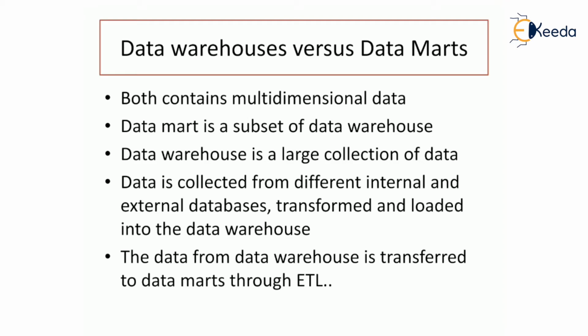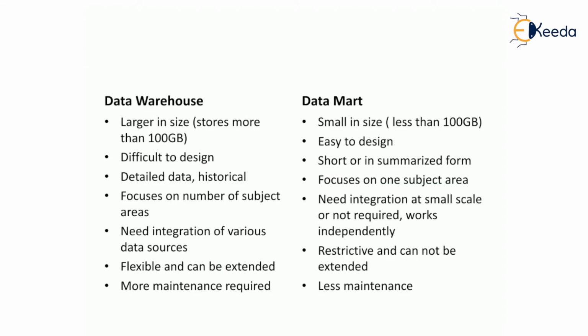The data is collected from different internal databases and external databases, and it is transformed and loaded into the data warehouse through ETL. And the data from the data warehouse can be transferred to the different data marts, again through ETL. Let's differentiate. The data warehouse is larger in size, whereas the data mart is smaller in size.